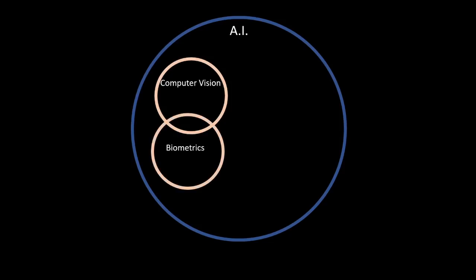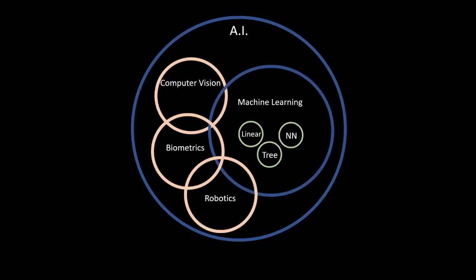We have other examples where we're doing biometrics and robotics. All of those may or may not rely on this idea of machine learning. And again, within machine learning, we talk about linear, we talk about trees, and we're talking about neural networks. But as an entire family of artificial intelligence, all of these have varying combinations of one another.